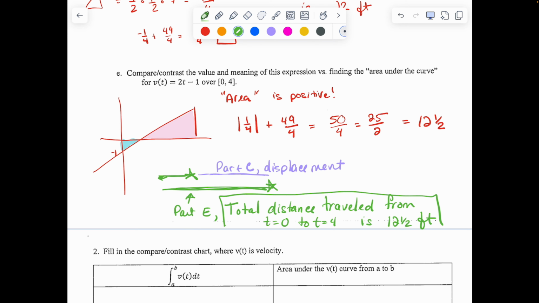Do we understand the difference between those two? It's tricky, gotta pay attention.